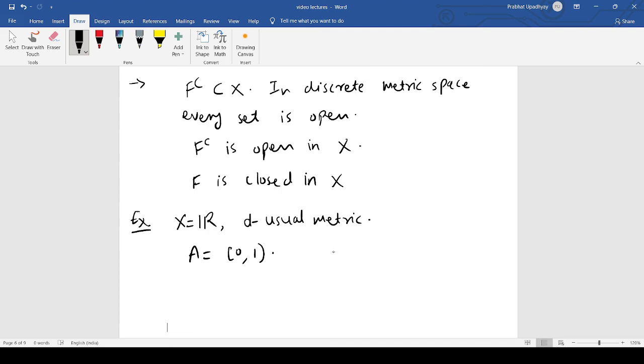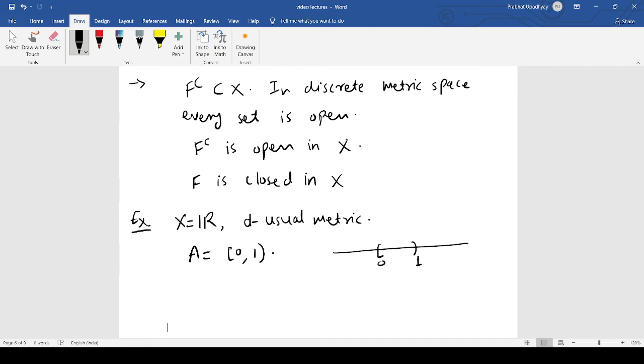So let's visualize this on the real number line. So here is your 0 and here is your 1. First, we would like to show it is not open. For that, we can take our element 0. This 0 belongs to our set A. So if you take any open ball centered at 0, it will not lie inside A. It will go outside of A also. Therefore, A is not open.